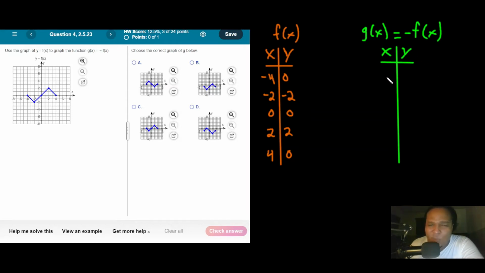Okay, so what do we have here? Do we have an inside change or an outside change? Well, we definitely have an outside change right here, so that's going to affect our y's. But how? Technically, we have a negative sitting in front, right? Isn't that technically -1 times the f of x?